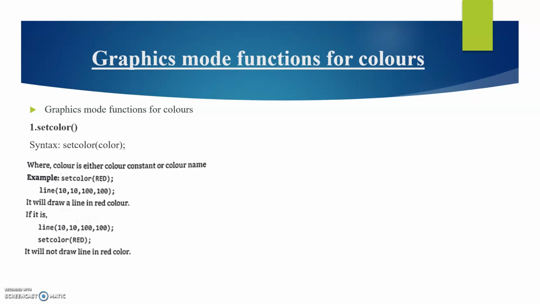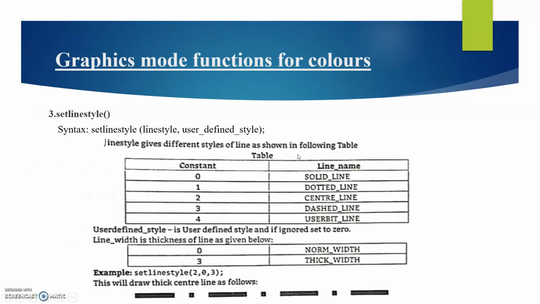For example, setcolor(RED); then line(10, 10, 100, 100); It will draw a line in red color. If it is line first and then setcolor, it will not draw a line in red color. First, you should write the setcolor command and then you should write the line command. Then the function will execute.